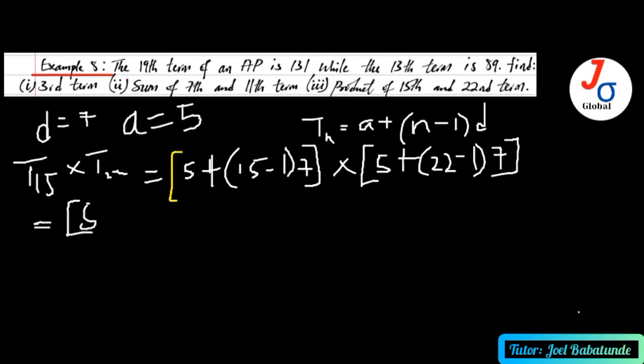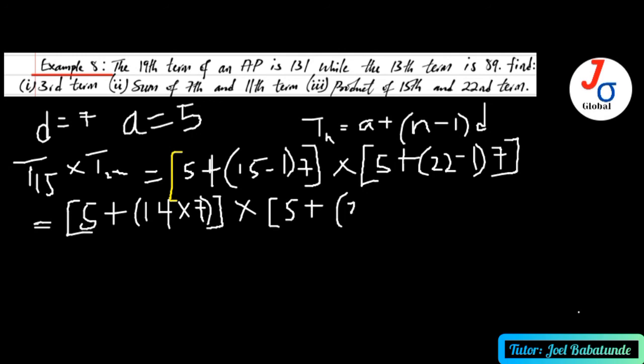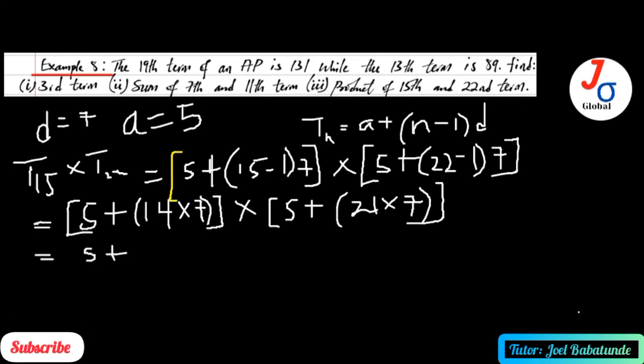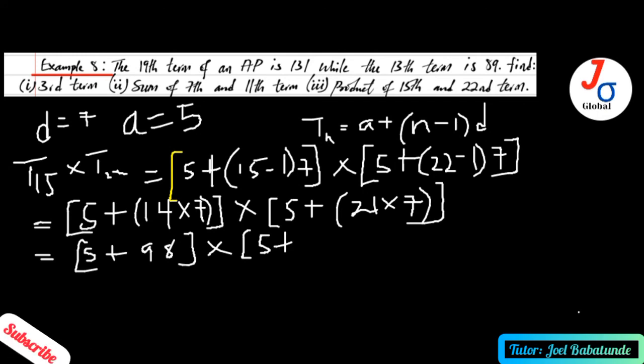So what we're going to get is 5 plus 14 multiplied by 7, multiplied by 5 plus 21 multiplied by 7, since 22 minus 1 is 21. 5 plus 14 times 7, which is 98, then multiplied by 5 plus 21 times 7, which is 147.